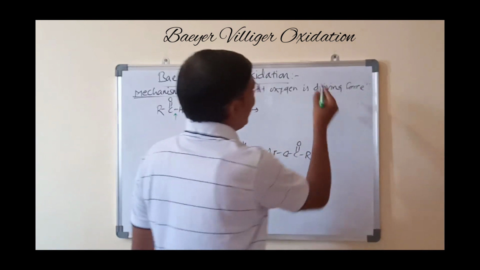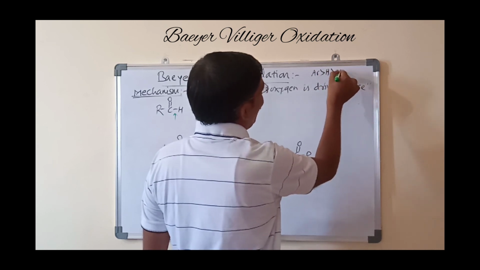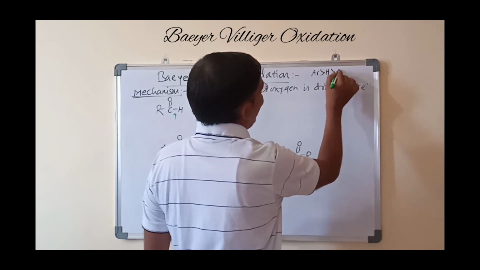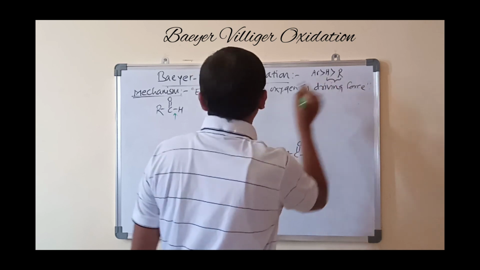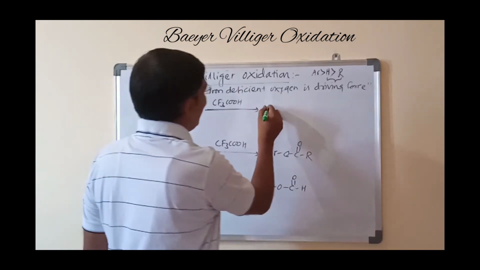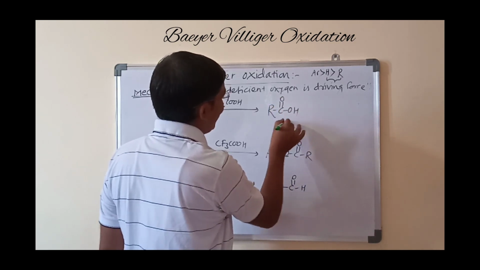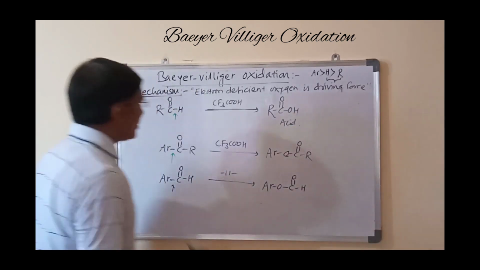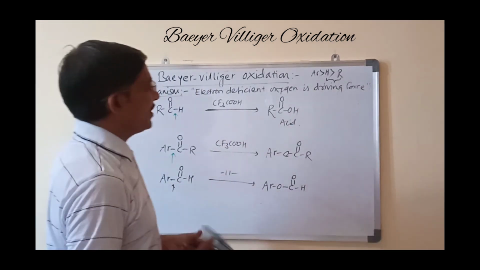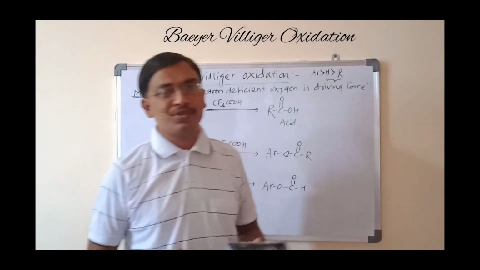Since the migratory aptitude is aryl more than proton and then alkyl, between the alkyl and proton, the proton having more preference, hence we will get the product as RCOOH, that is an acid. In this way the reaction takes place on the basis of this migratory aptitude. We'll stop here.